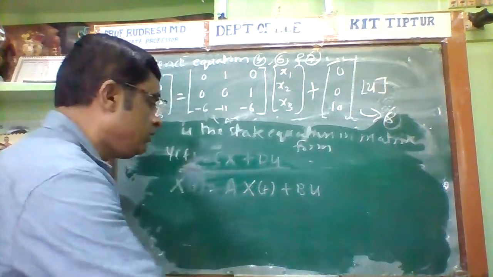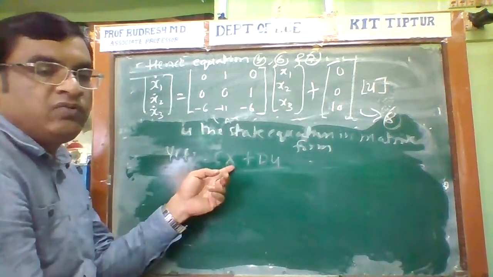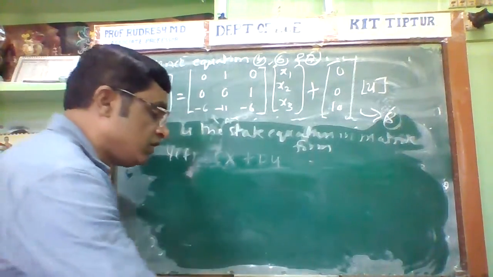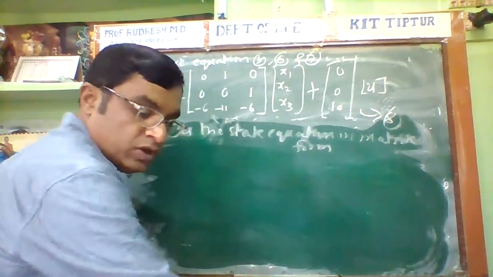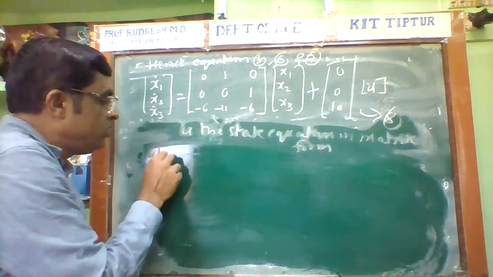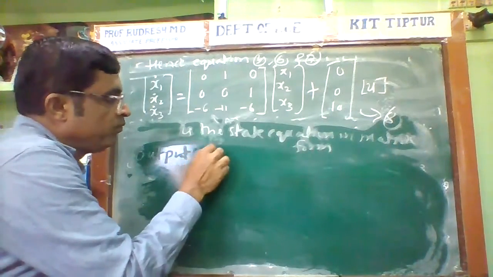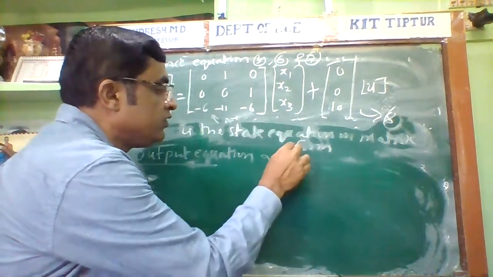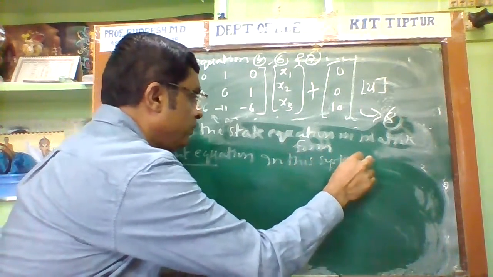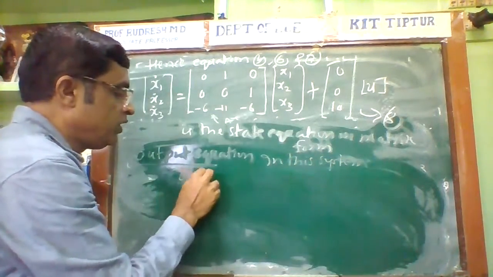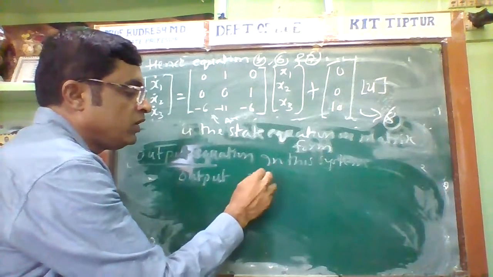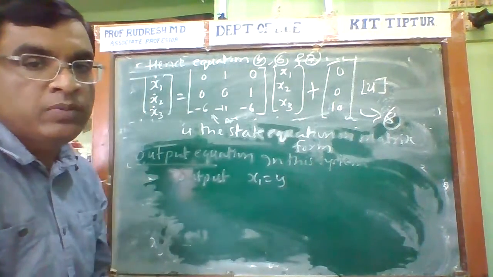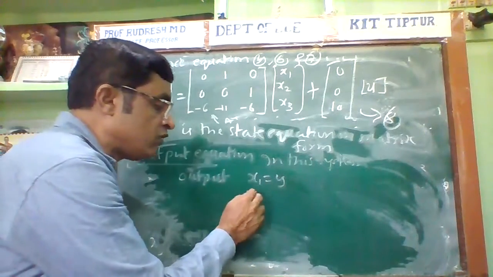The output equation is nothing but a linear combination of the state variables and input. In this system, I have assumed from the beginning, let x1, x2, x3 be the state variables, and x1 is equal to y. Therefore y is the output.